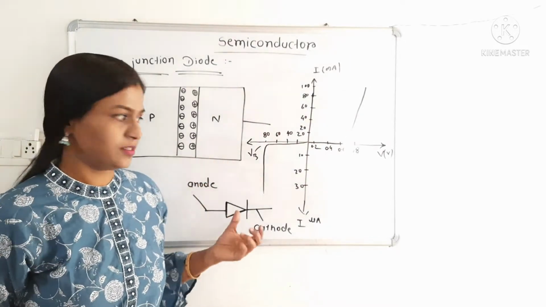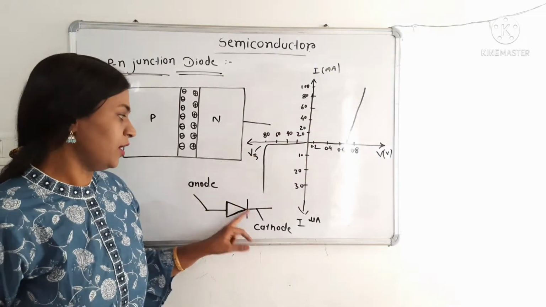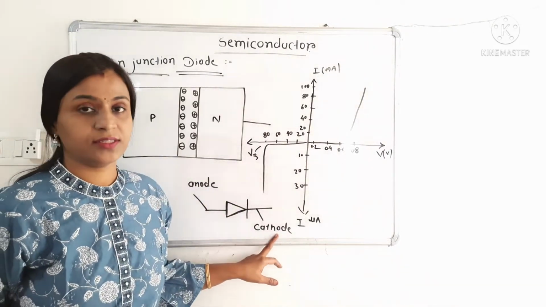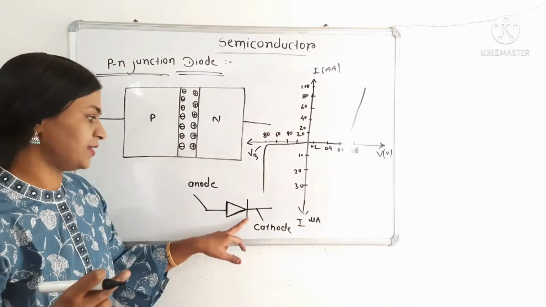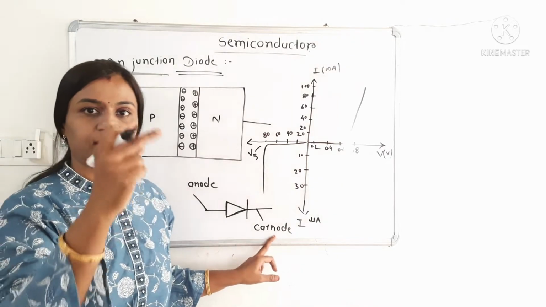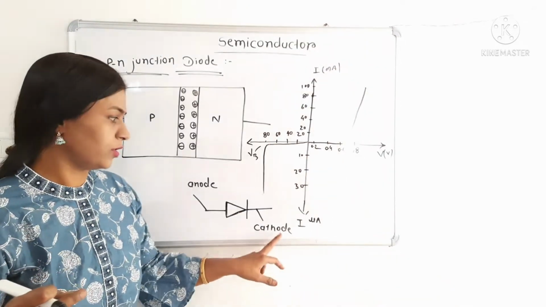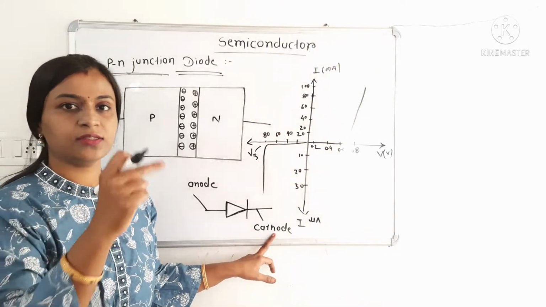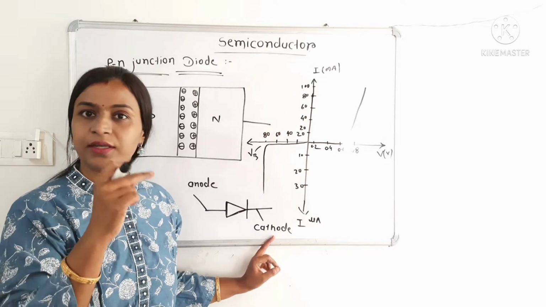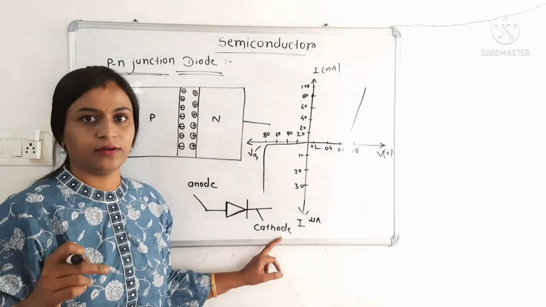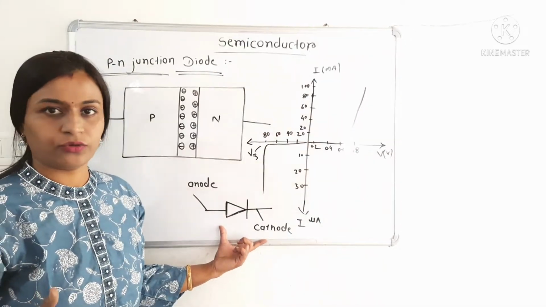A two terminal device is manufactured from this PN junction, one is anode and another is cathode. In the device, at the side of the cathode there is a ring, which is for identification of the cathode terminal. There is a color ring, golden ring or any other ring at the cathode side, which distinguishes the two terminals, anode and cathode.